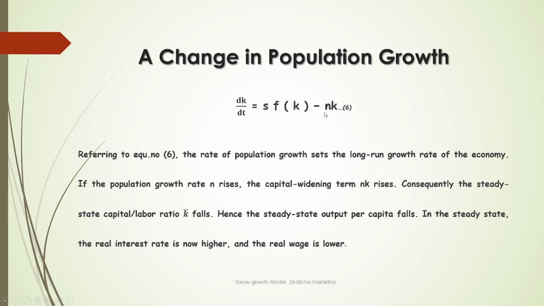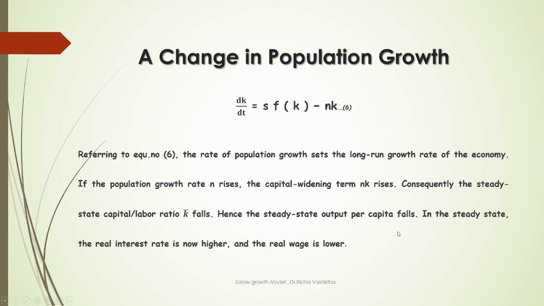Consequently, the steady state capital labor ratio, k bar, falls. Since k bar falls, the steady state output per capita will also fall.